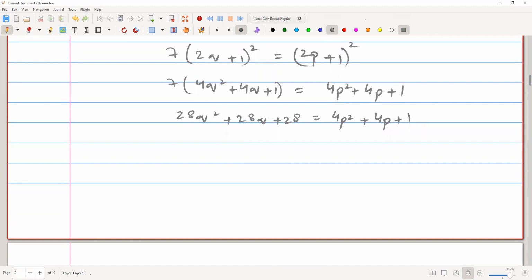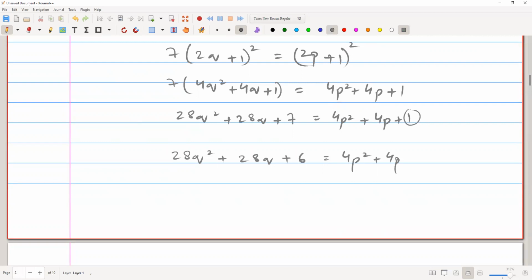Sorry, it is not 28, it is 7, because 7 times 1 is 7. All right, so we can bring this 1 to the left side and we will have 28q squared plus 28q plus 7 minus 1, which is 6, equals 4p squared plus 4p.